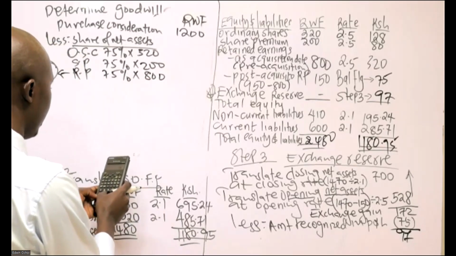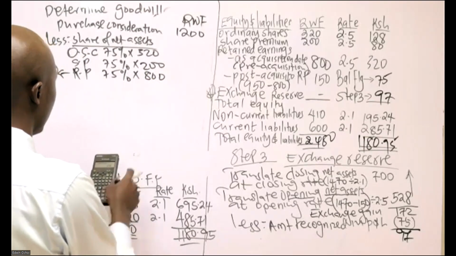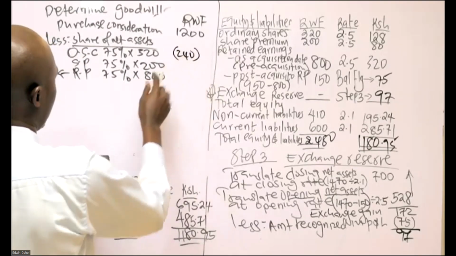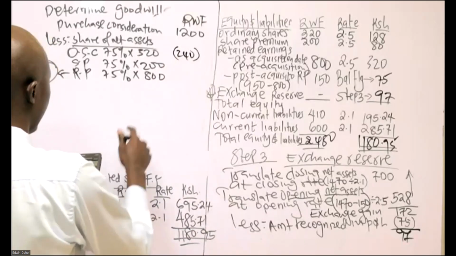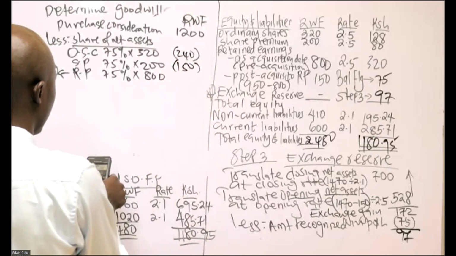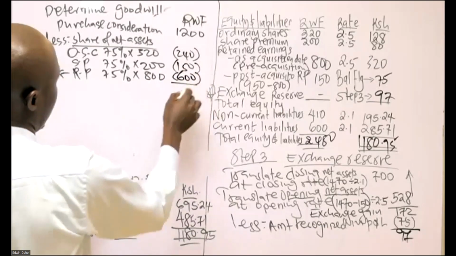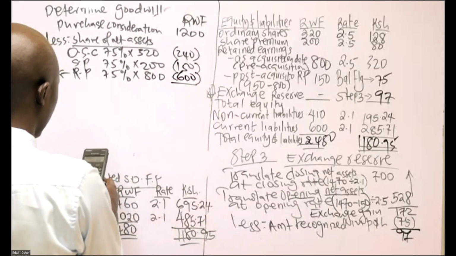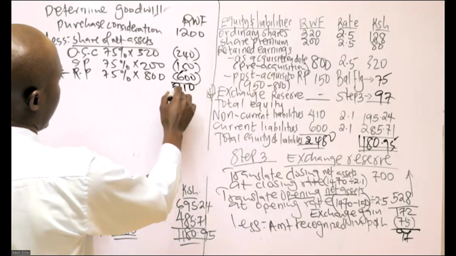So 0.75 times 320 is 240, times 200 is 150, and times 800 is 600. So 1200 minus 240 minus 150 minus 600 is 210.